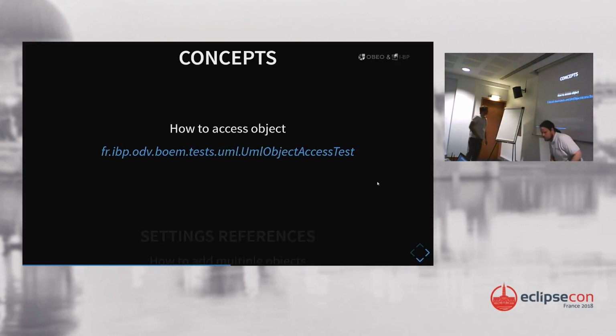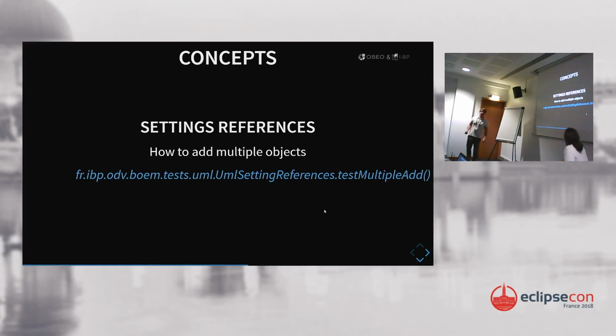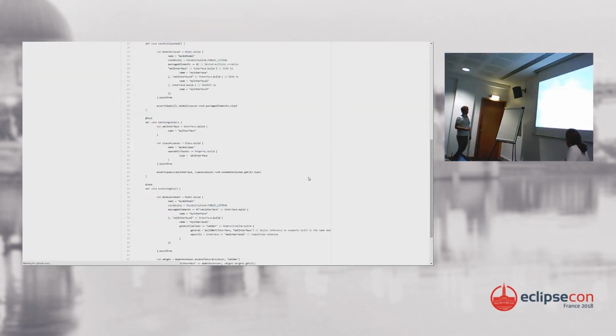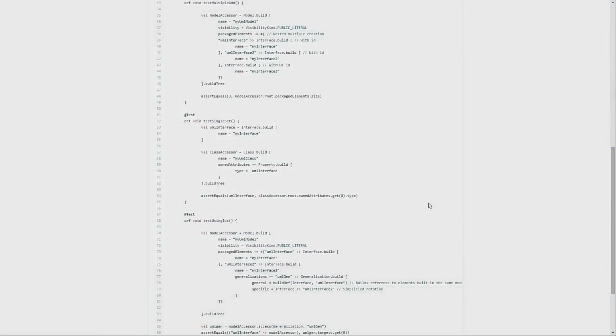Next. One of the main goals of BOEM was to be fast at writing tests, so we need a way to add multiple new elements at one time. So this is a test. Again, we create a model named visibility, and now we want to add several interfaces in my packaged element containment reference.